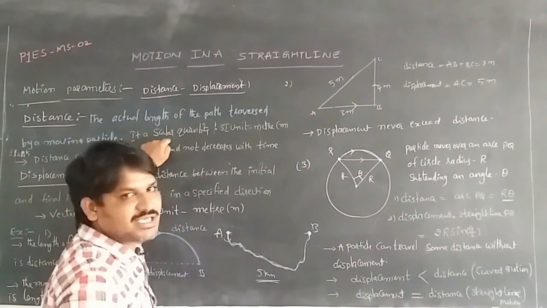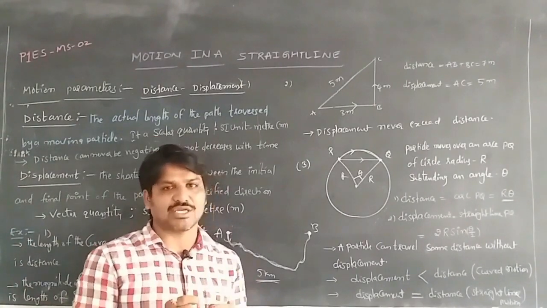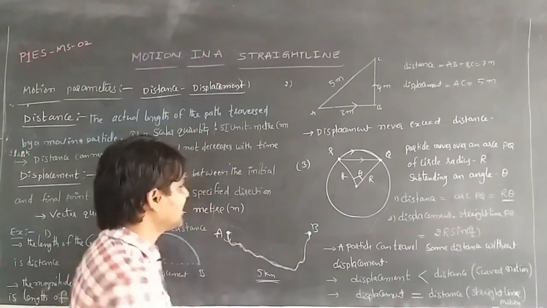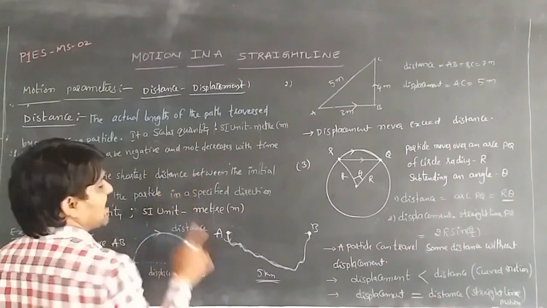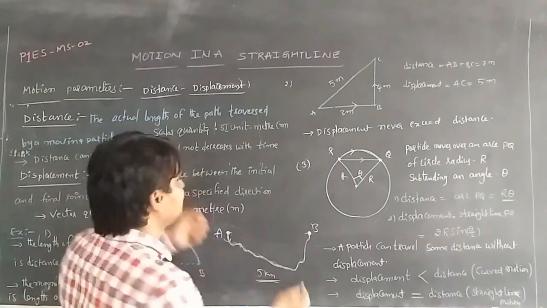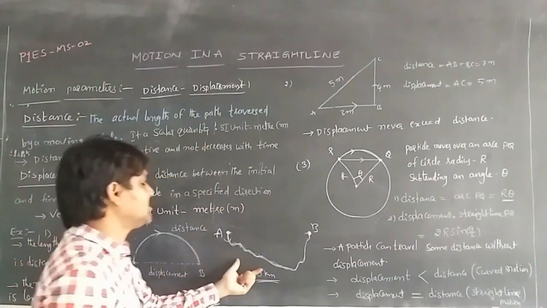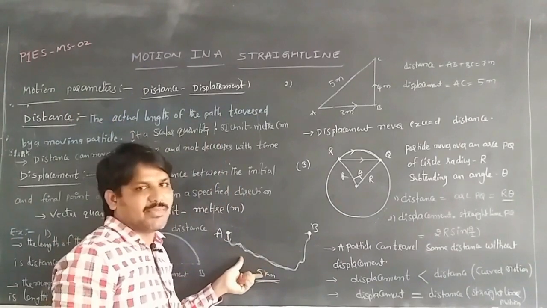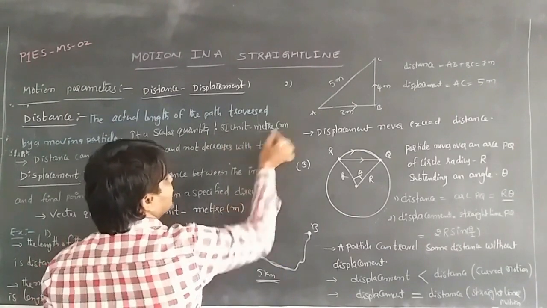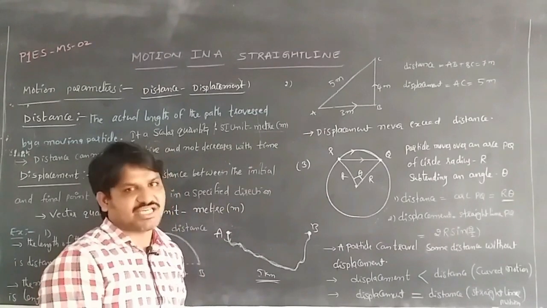It is measured in meters, centimeters. The SI unit of distance is the meter, and the CGS unit of distance is the centimeter.